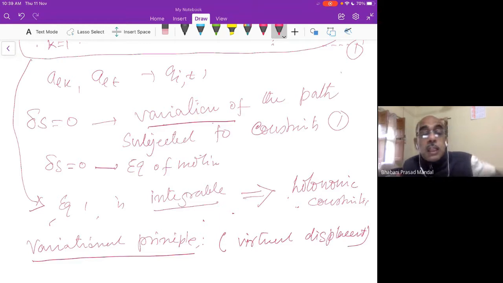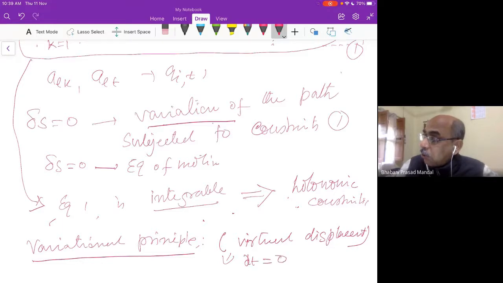So we consider the real motion, and the variation of the path is constructed by considering a virtual displacement. What is the virtual displacement? It is instantaneous, that is, delta t or dt equal to 0.